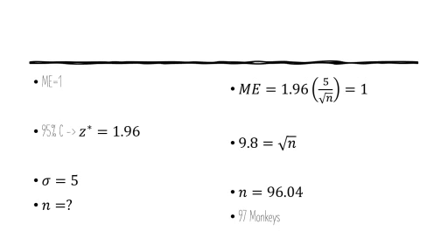Increasing it by a little bit will actually shrink your margin of error, so if people check your math, they'll see it's less than 1, and you're just being more sure. So 97 monkeys. Again, z times sigma over the margin of error, the whole thing squared, will tell you what the n is.